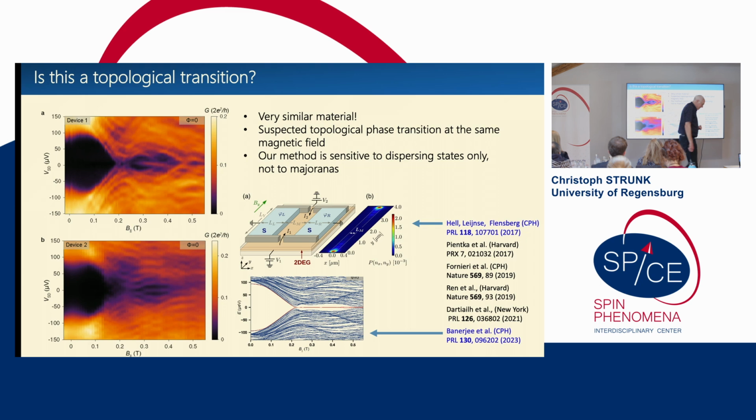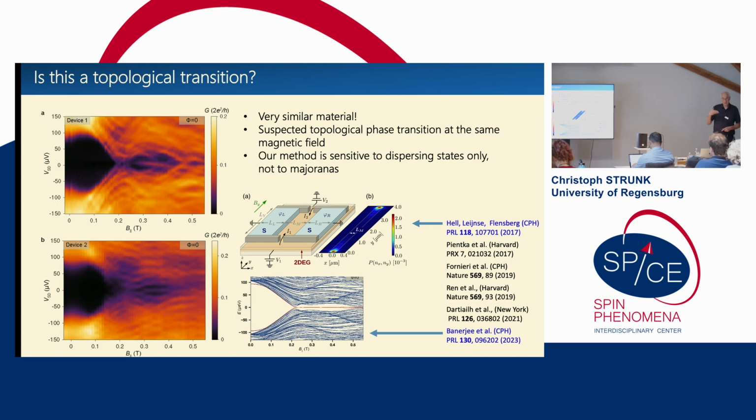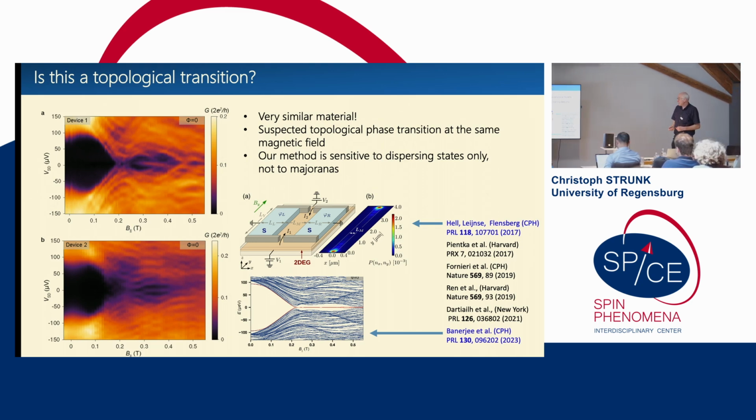And of course, theory is consistent with this, but I'm not 100% sure whether there is really a topological transition occurring or whether it is another type of effect. So our minimal model has no topological transition, no Majoranas there.